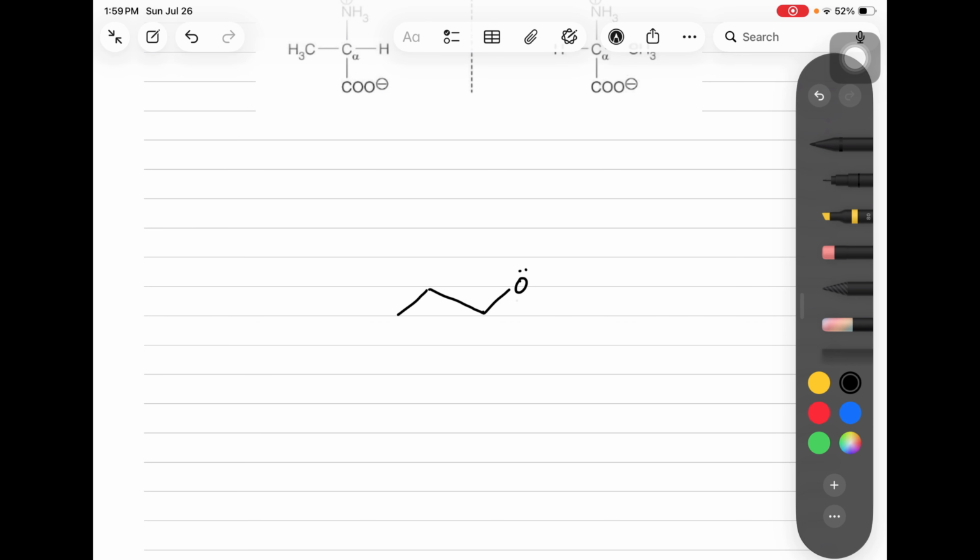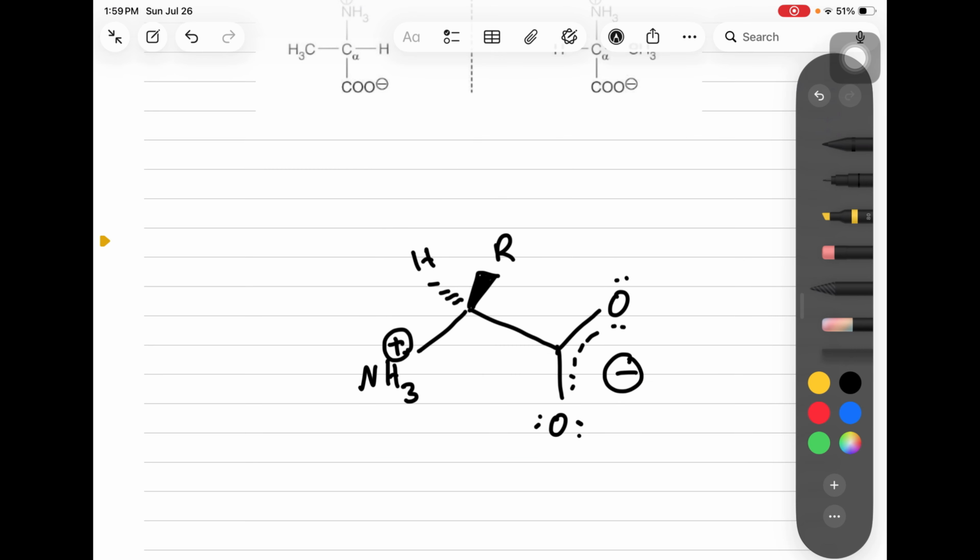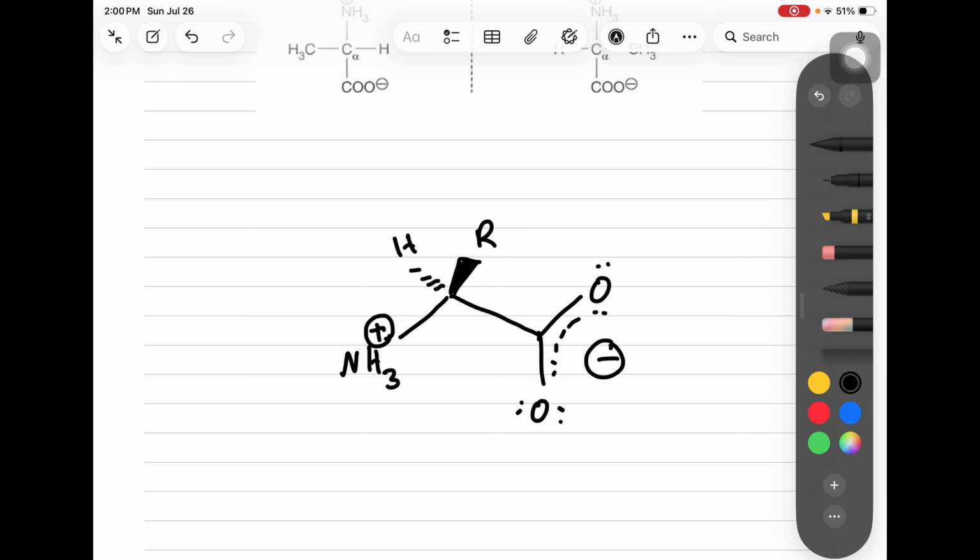An O group here, an O group here with a negative charge, we have the NH3 plus here, the R group, and H. Let me make this bigger. Perfect. So this is our amino acid, and we're going to talk about the ionization of amino acids.